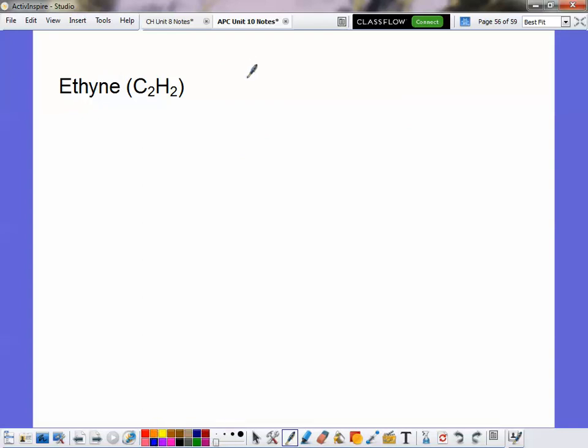Ethyne, C2H2. This looks like this. Both of those carbons have only 2 things attached to them, 2 areas of electron density around each carbon. So each carbon is sp hybridized.